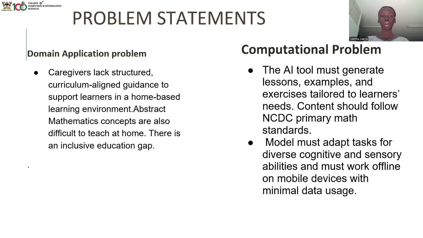This highlights the inclusive educational gap that currently exists. So the AI tool we come up with to solve this problem must generate lesson plans, examples, and exercises tailored to specific learners. It should also be inclusive and adapt each task for diverse cognitive and sensory abilities. It should also be able to work online so that it can be deployed in resource-constrained environments.